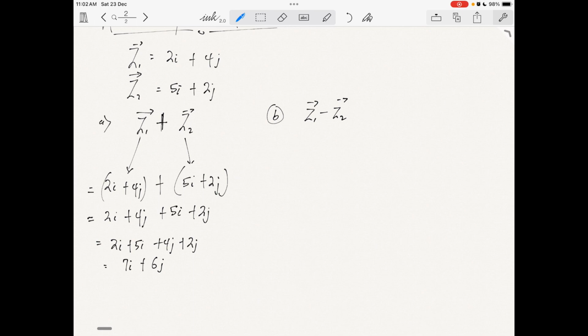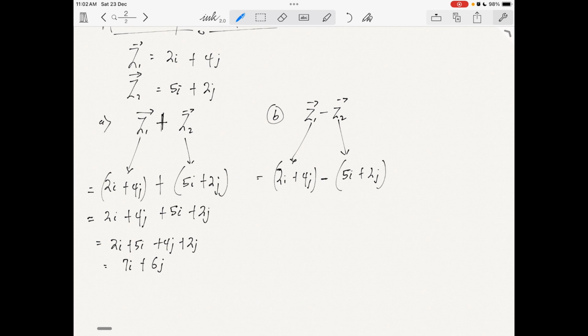Moving forward, now let's evaluate Z1 minus Z2. The first thing to do is to substitute our values. That means we have Z1 as 2I plus 4J, the subtraction sign, and 5I plus 2J.